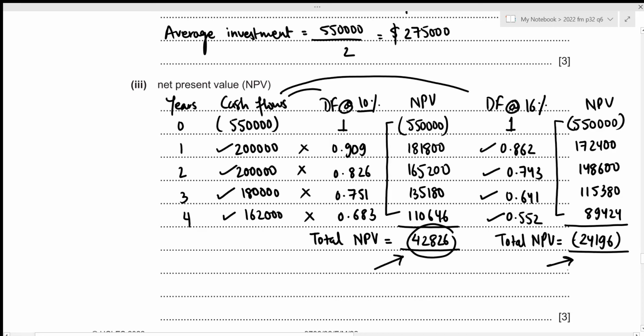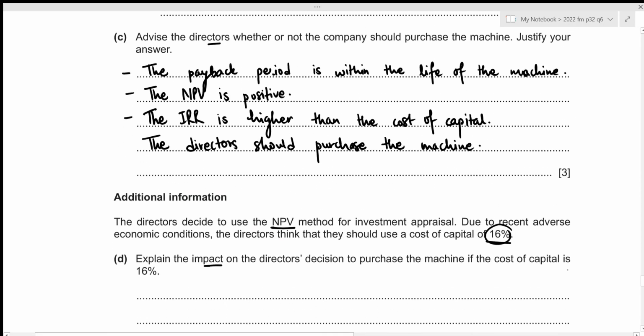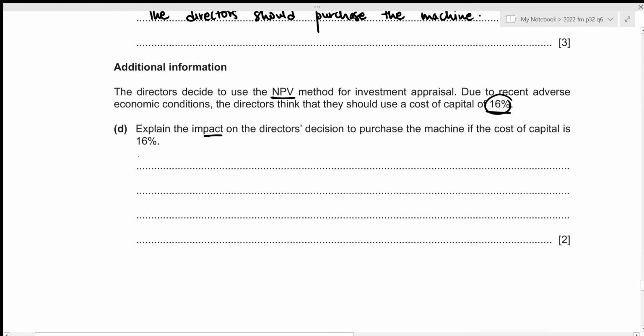And like I said before, if the net present value is greater than 0, it suggests that the investment is a good one. But if the net present value is lower than 0, it suggests that this investment is a bad investment, which means that now the impact will just be that the machine should not be purchased since the net present value is negative. Let's write it down. The net present value is negative.